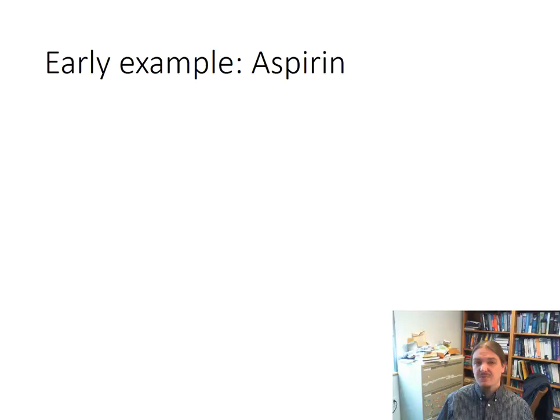I want to start with an early example of what I would consider organic synthesis in the light of what I just shared, trying to figure out how to synthesize a specific compound and to increase its value as I described. In that case, that example I want to use is aspirin.